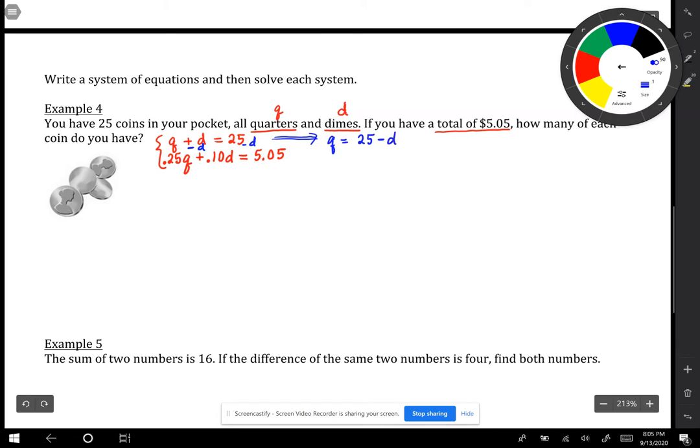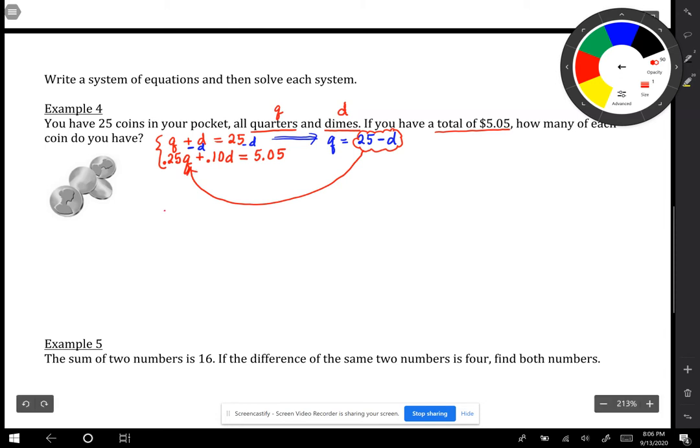If you can, always put the positive number first. And then I'm going to make my bubble because I've solved for Q. And this is a good review of substitution method. I'm going to replace this 25 minus D for the Q that I solved for in that right there.